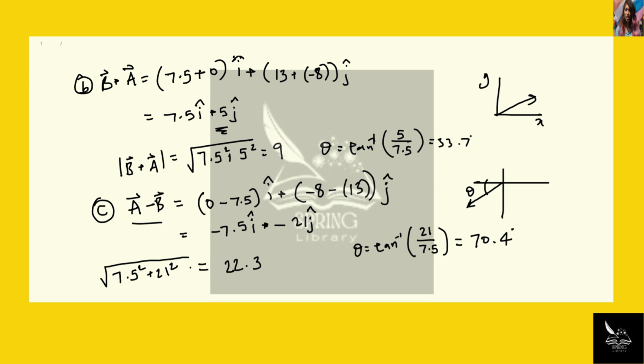Now, the fourth part is finding B minus A. So we do the same thing as before, but this time we subtract components of A from components of B. We know that B's x component is 7.5 and A's x component is 0, i cap.